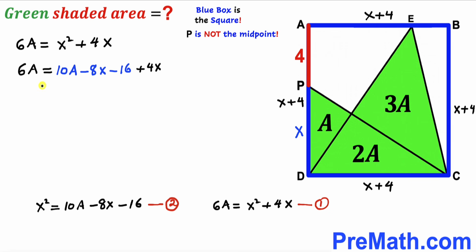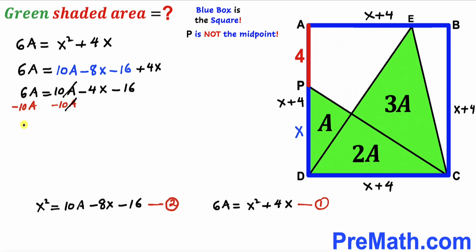Now let's go ahead and combine the like terms. So we got 6 times A equals 10 times A minus 4x minus 16. And now I am going to subtract 10 times A from this side and negative 10 times A on this side as well. And here we can see this is gone.